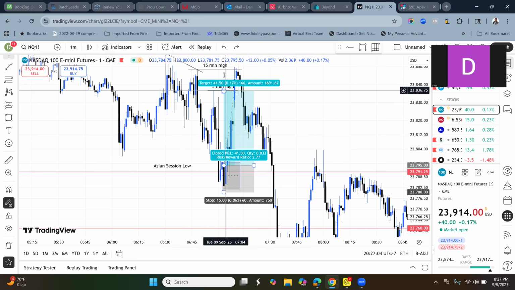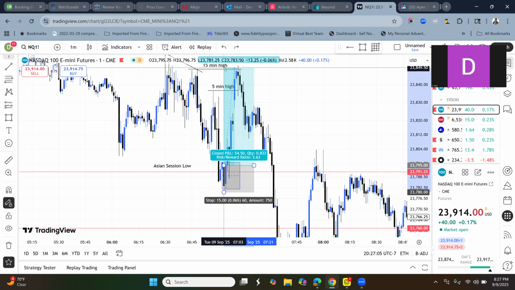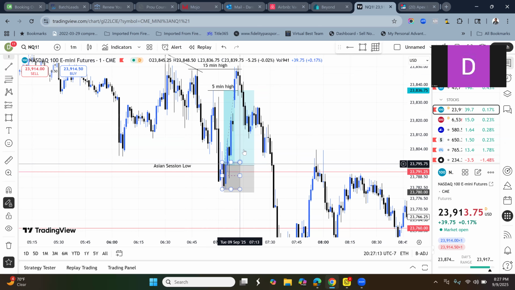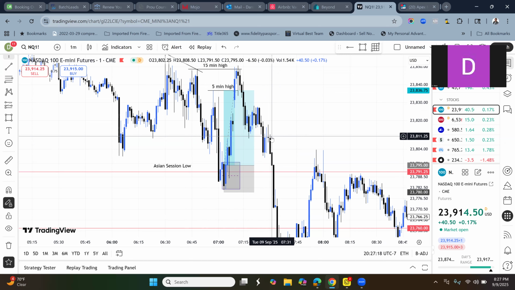If I would have held it to here, that would have been a 3.5, but that was not the case. I wasn't feeling that. A 2.6, 2.7 is solid. I could walk away and be okay with that. I can honestly walk away with a 1 to 1.5 and be okay. But yeah, that was the trade for today.